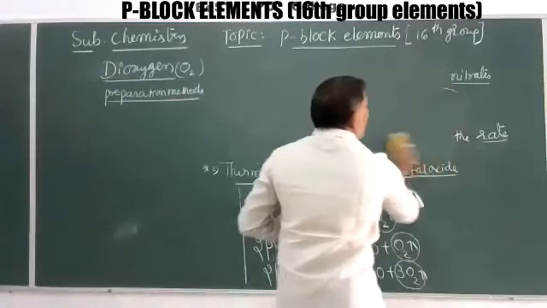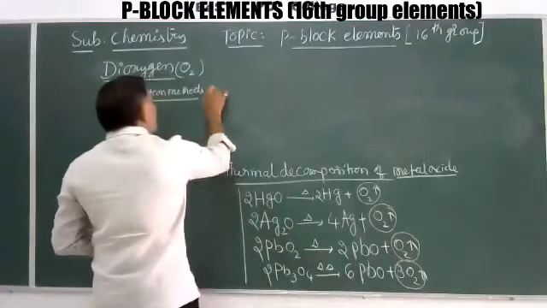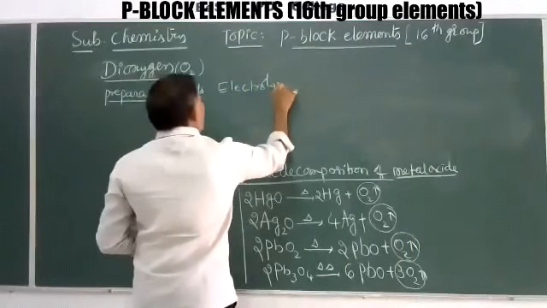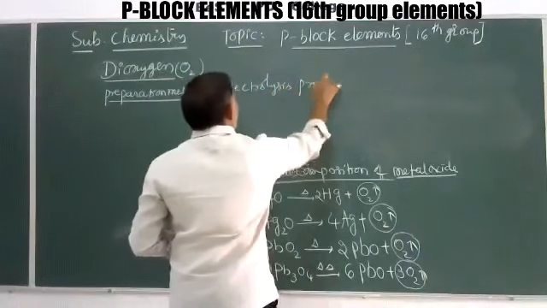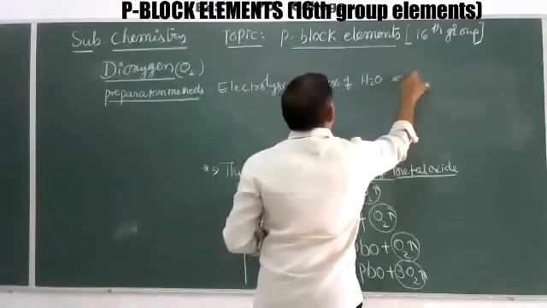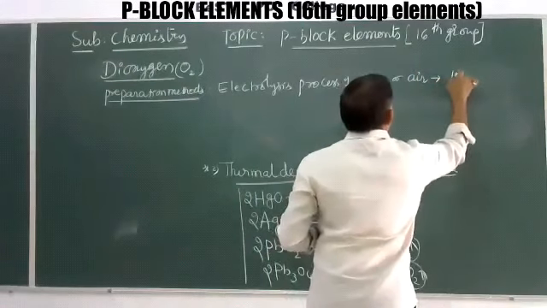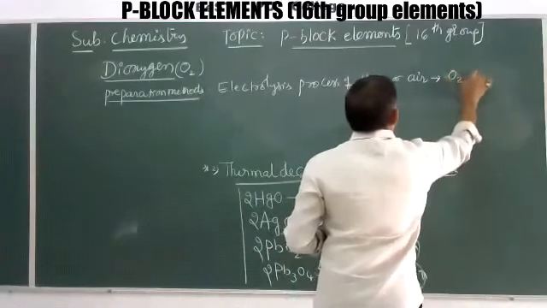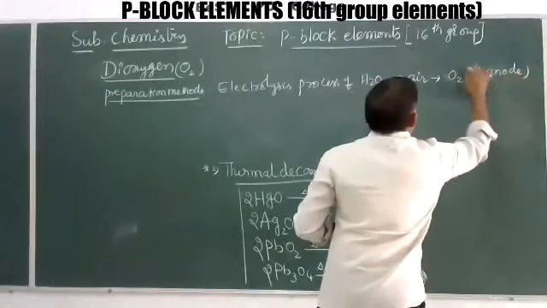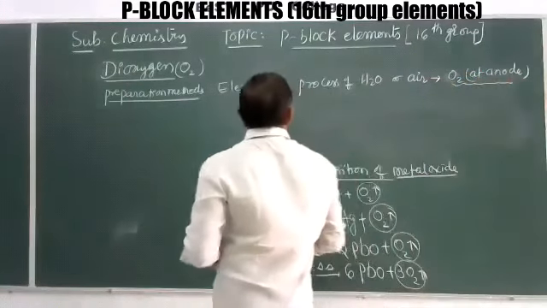Just remember one simple chemical reaction: electrolysis of water or dry air gives the corresponding oxygen at the anode. At the anode and cathode, two electrodes are there in the electrolysis process, and at the anode only we get oxygen.